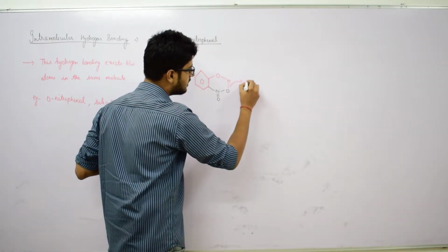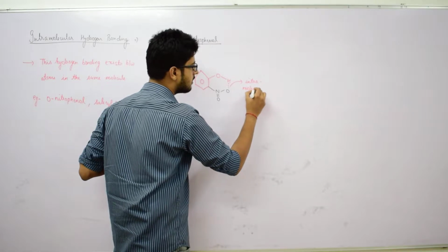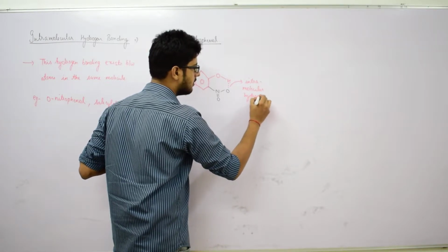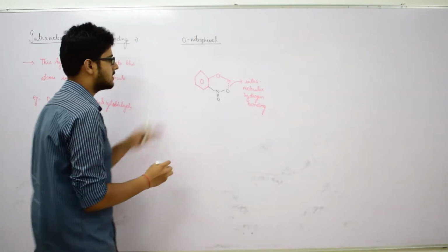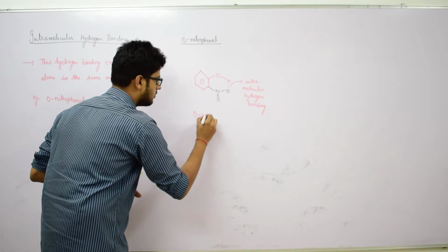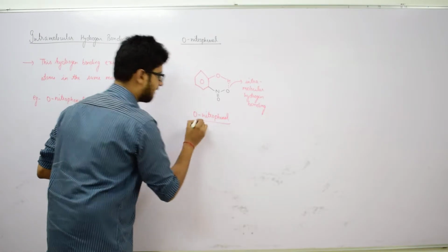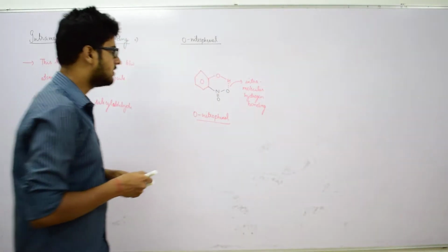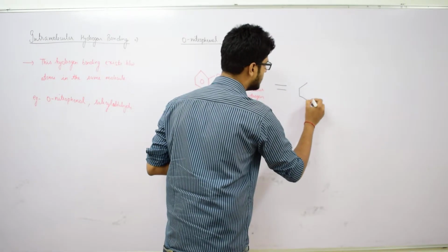So this is our intramolecular hydrogen bonding, and this is the example of orthonitrophenol. If I draw a simplified diagram of this, then this structure is equivalent to this picture.